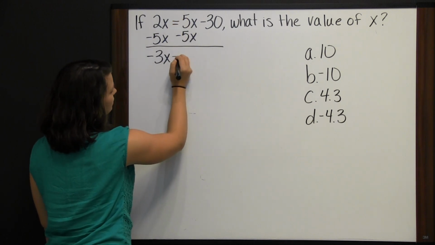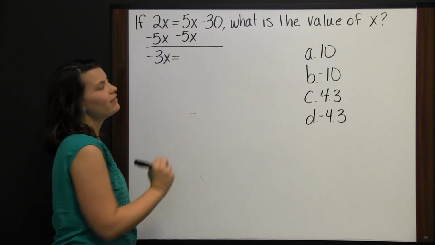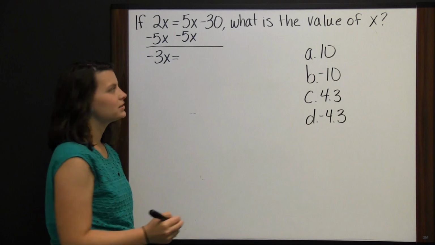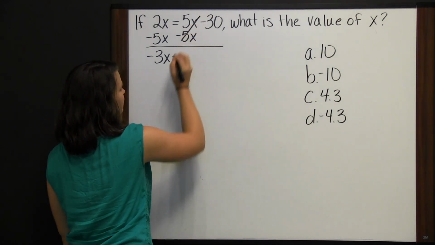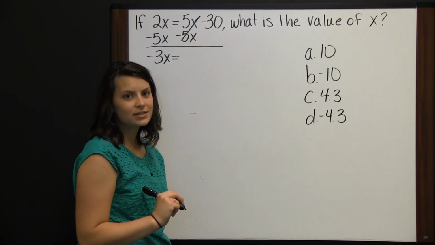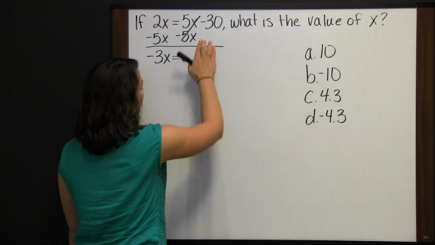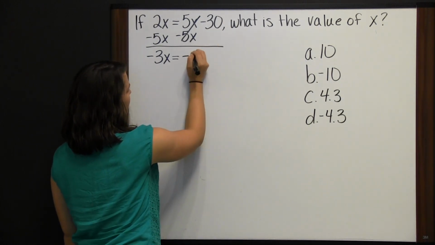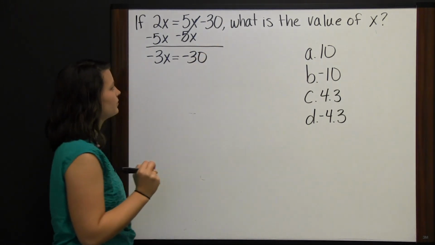We bring down our equal sign. 5x minus 5x is 0 because those are additive inverses. So we've canceled that out. And what we have left on the right side is negative 30.